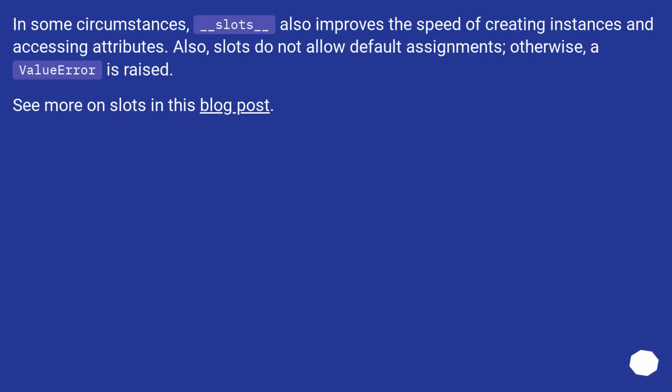In some circumstances, __slots__ also improves the speed of creating instances and accessing attributes. Also, slots do not allow default assignments, otherwise a ValueError is raised. See more on slots in this blog post.